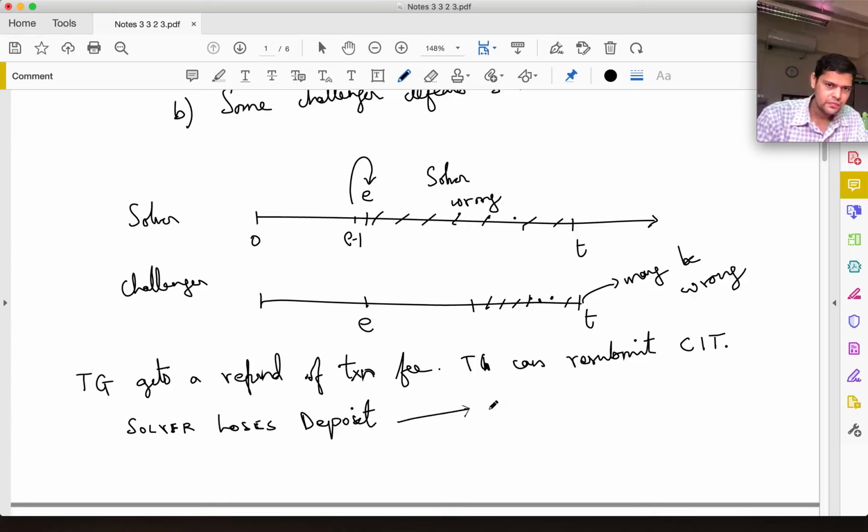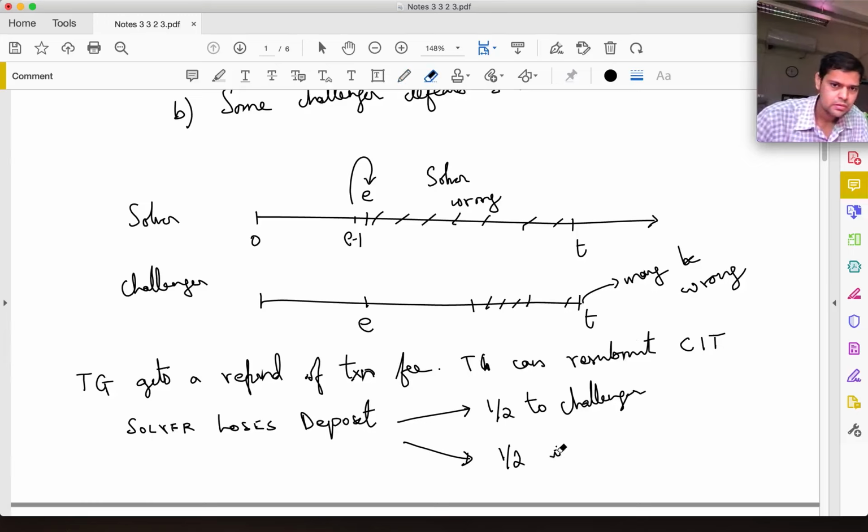We give half to the challenger who defeated him, and the other half we distribute, let's say it's split between the task giver, because he's wasted the time of the task giver, so the task giver deserves some compensation, and part of it goes to the jackpot.